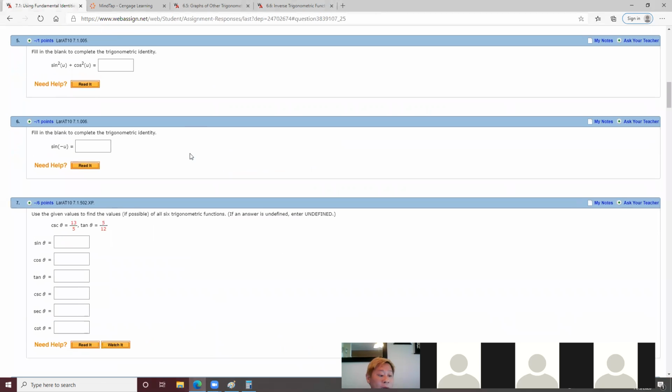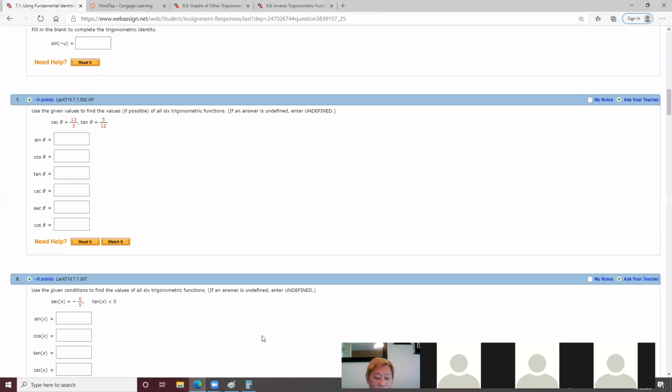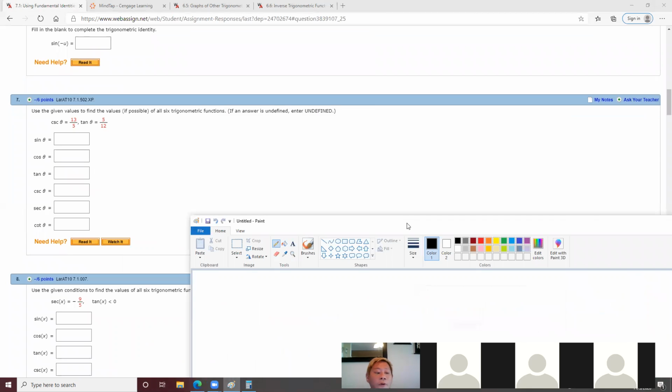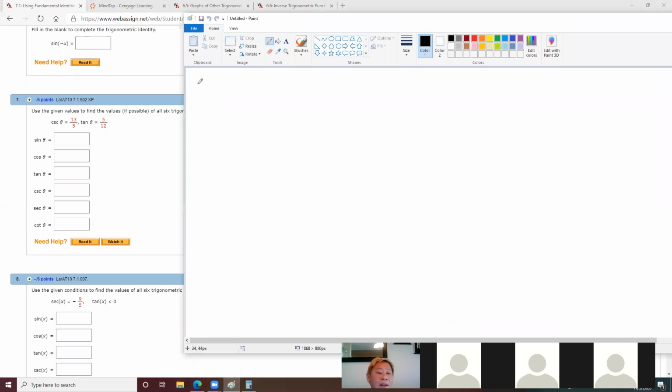So for example, here is question 7. Question number 7 is telling us that cosecant theta is 13 over 5 and tangent theta is 5 over 12.